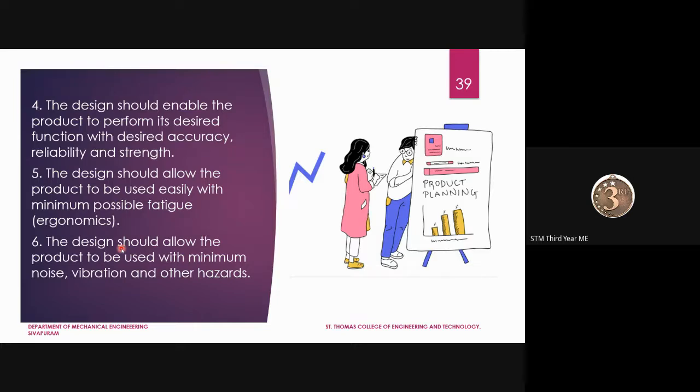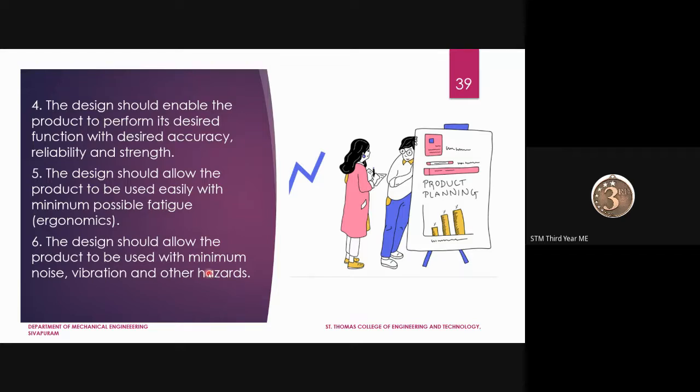And that is undesirable. And for that purpose, the design should eliminate such noise, vibration, or hazards, or even if it is present, it must be kept at a minimum.